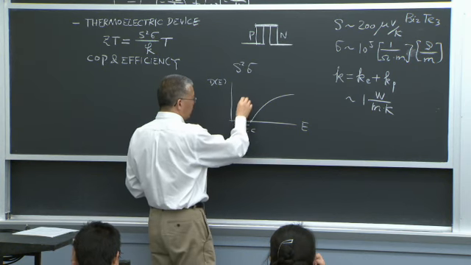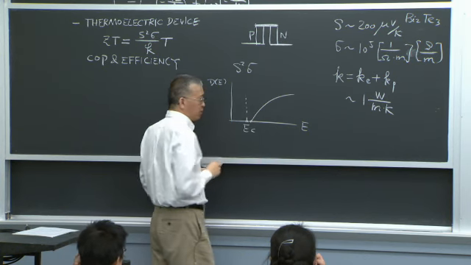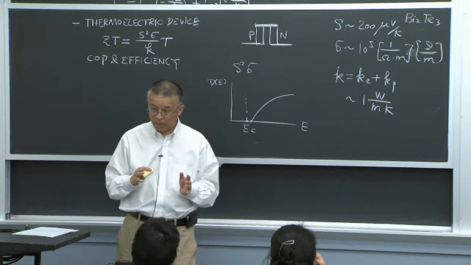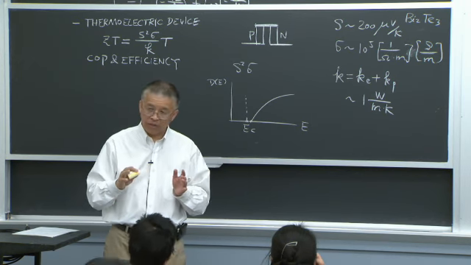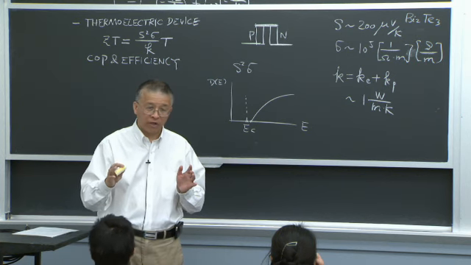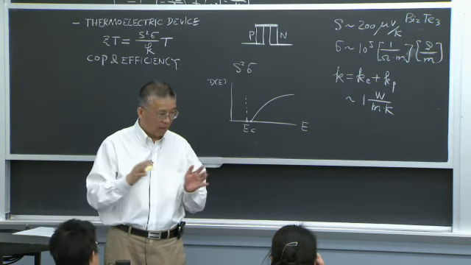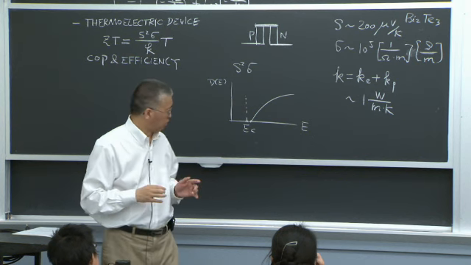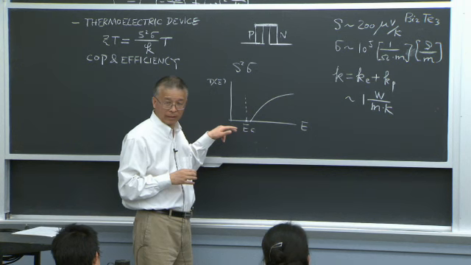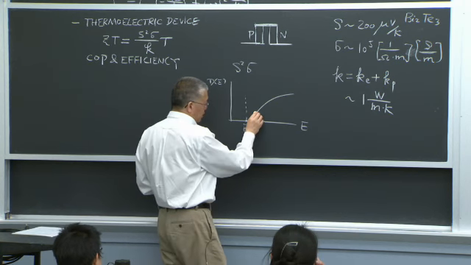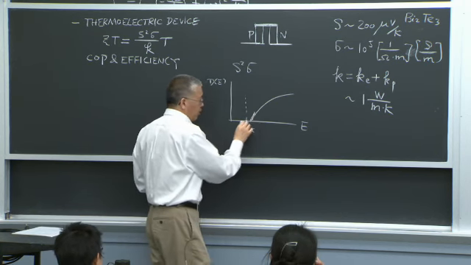If this is your EF, you dope it. And then we say the Seebeck is a measure of the average energy from the EF, right? So there's no electron below EC. There's a band gap, semiconductors. So most electrons are in this region, right?